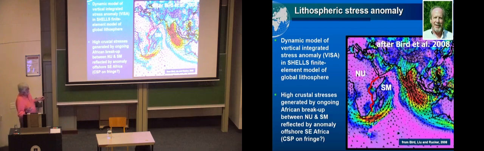The second biggest stress anomaly on the planet is right here, offshore of South Africa. Whereas in that part of the Indian Ocean, we've had the biggest intraplate strike slip earthquake in recorded history. Well, that's only a century or so, magnitude 8.7 in April 2012.